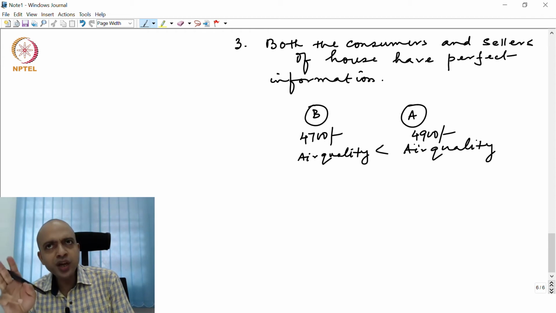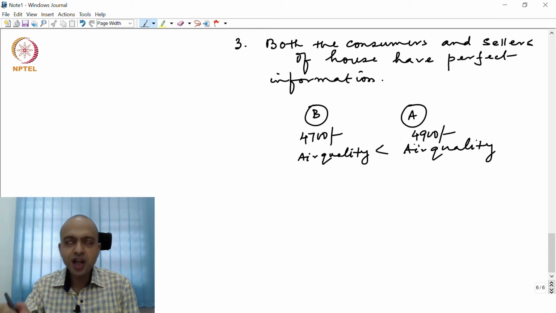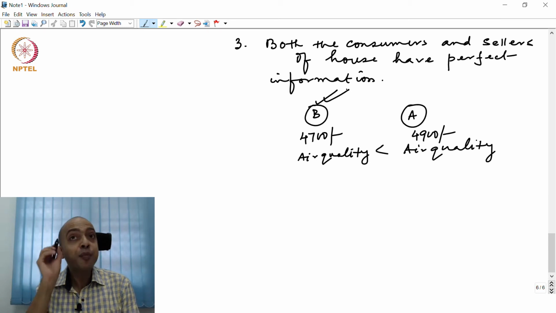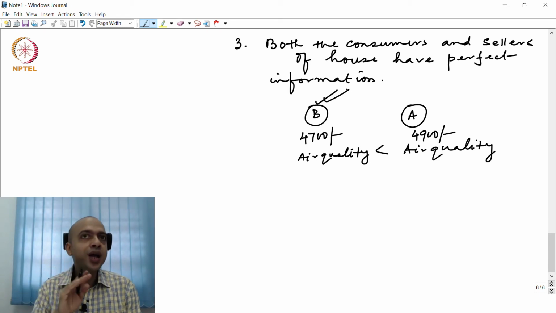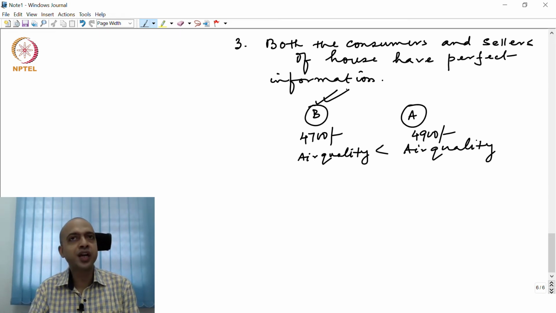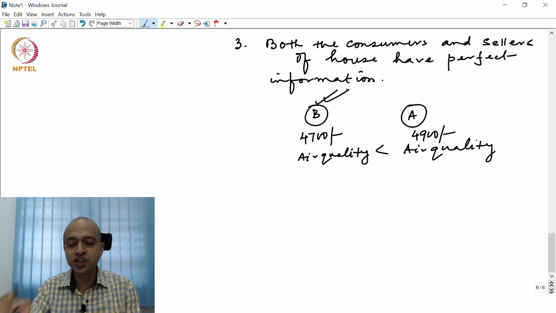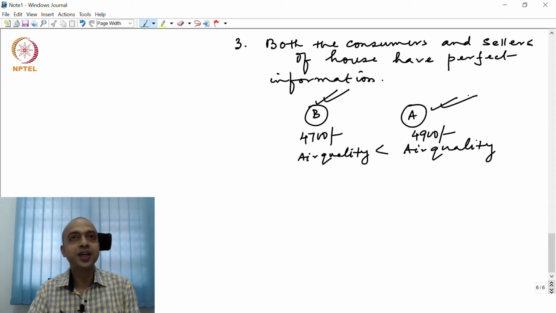I am ready to pay the 200 rupees, but still I bought my house here. Apparently, you may think that I am not ready to pay the 200 price premium for better air quality. But the actual reason may not be like that. The actual reason might be that the house owner or the consumer does not have proper information about the availability of such a house in locality A.